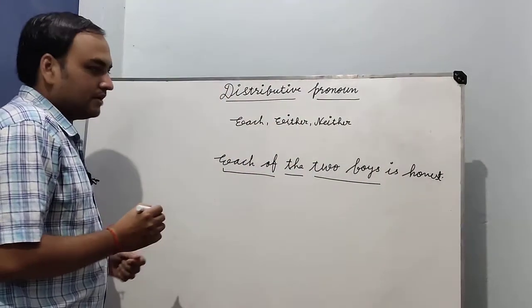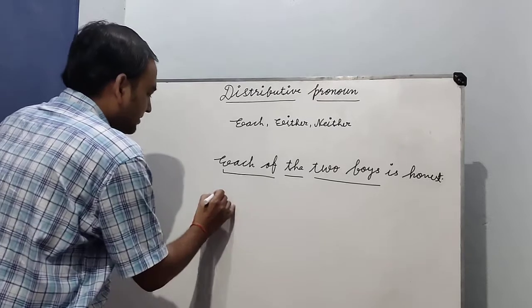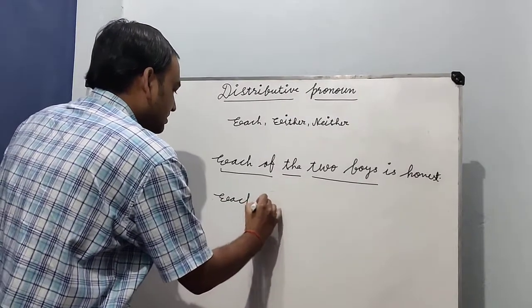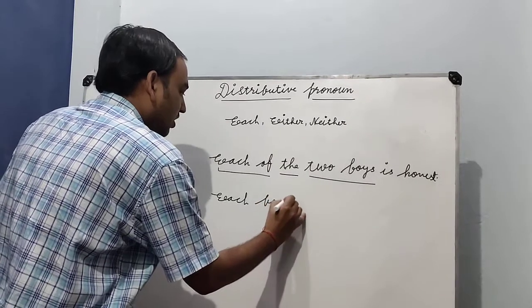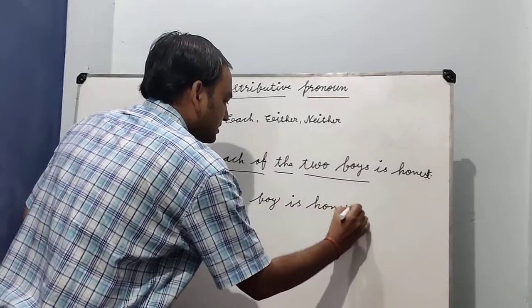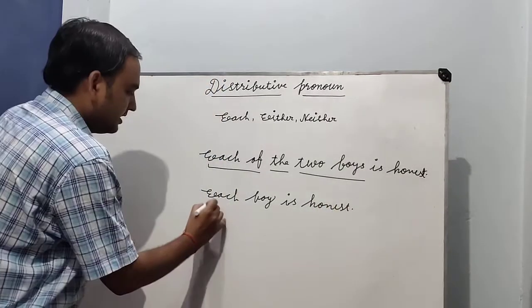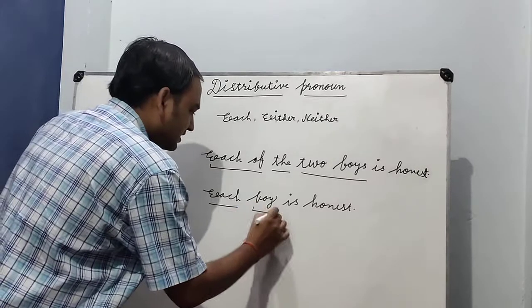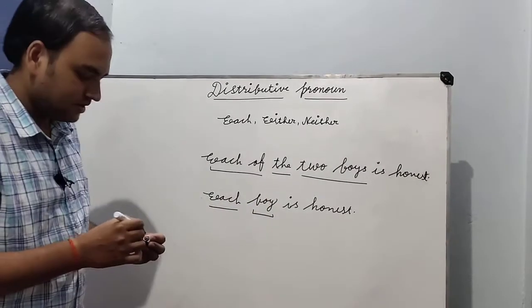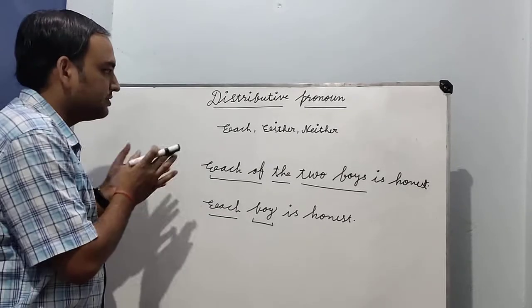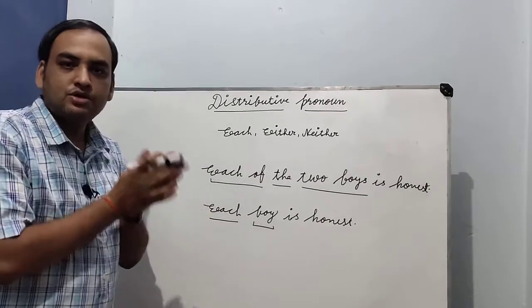Okay, if we are using a distributive adjective then we can write here: each boy is honest. Here each is a distributive adjective and boy is a noun. This is singular. Okay, so this is the basic difference between a distributive adjective and a distributive pronoun.